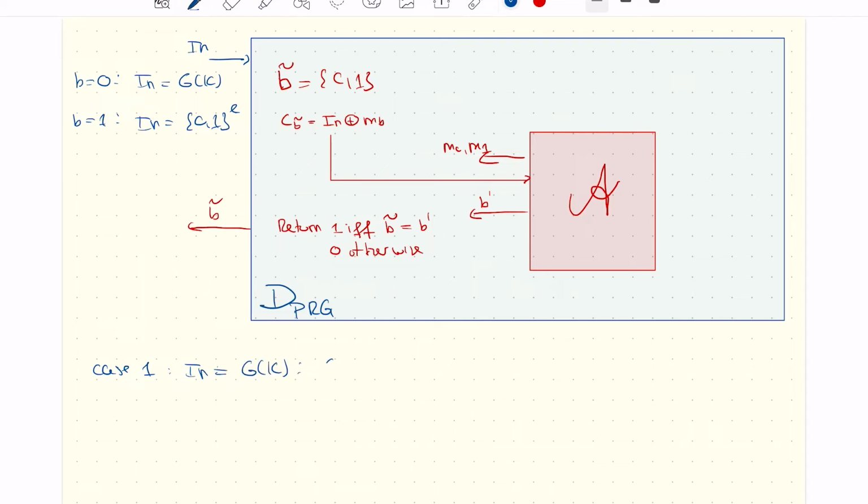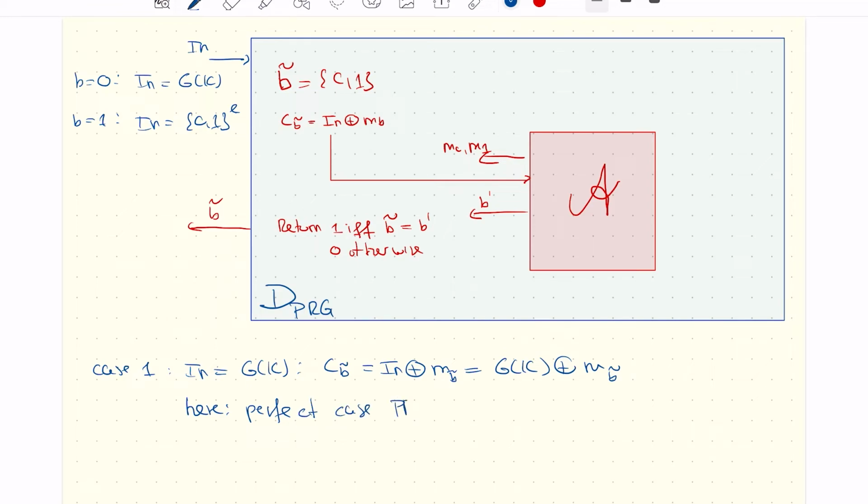Well, in this case, we computed our challenge ciphertext c_b tilde as in XOR m_b tilde, and this is nothing else than g of k XOR m_b tilde. So if you look closely, what is happening is that in this case, we are essentially perfectly simulating the case of the PRG.